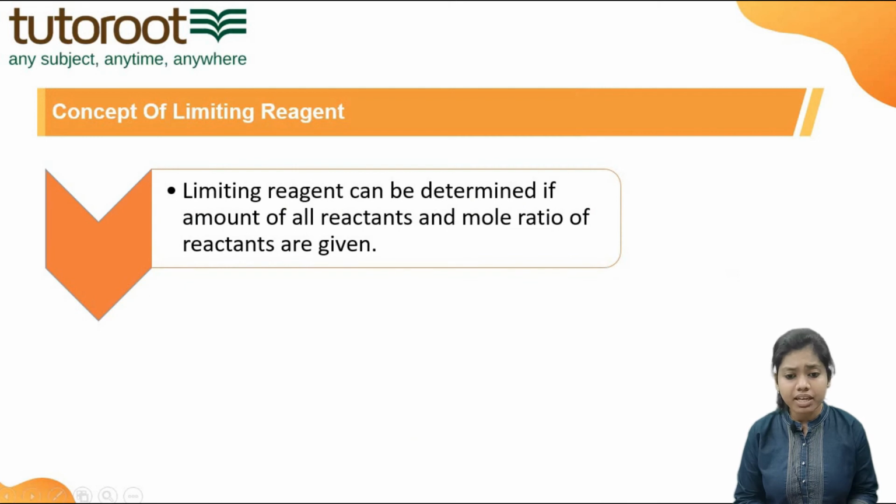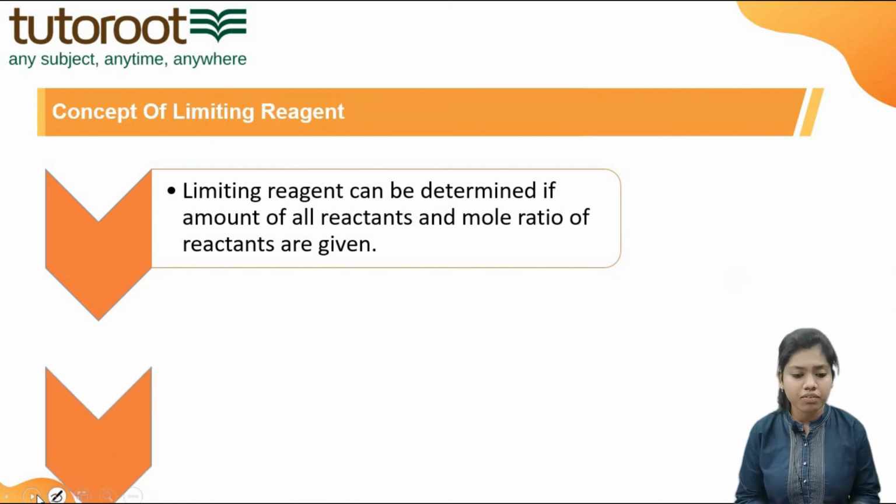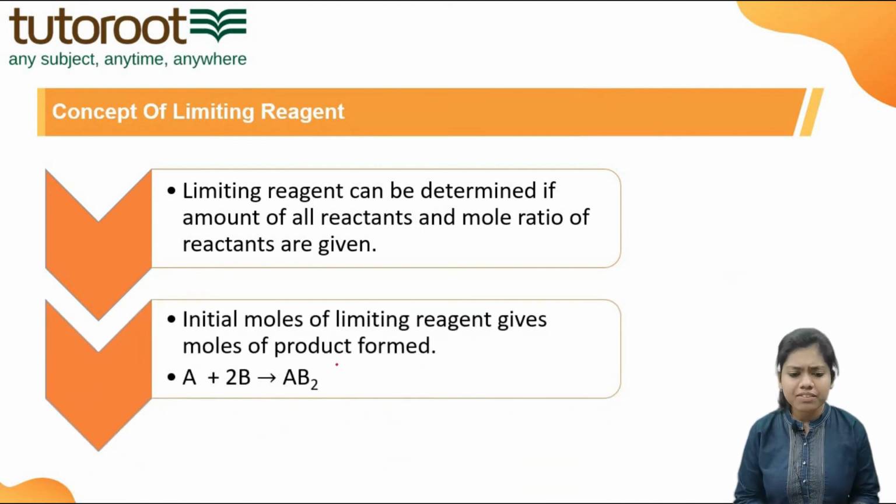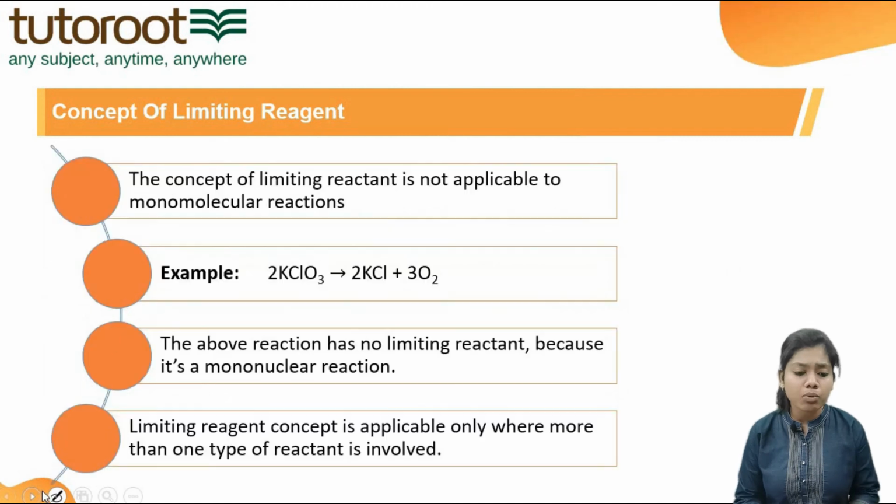The limiting reagent can be determined if we are aware of the amounts of all reactants and their mole ratio. Looking at the reaction, it is the initial moles of the limiting reagent that give the moles of product that will be formed. This concept is only applicable for reactions with more than one reactant.